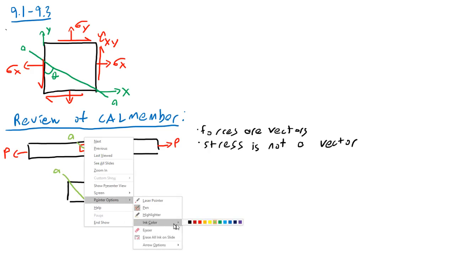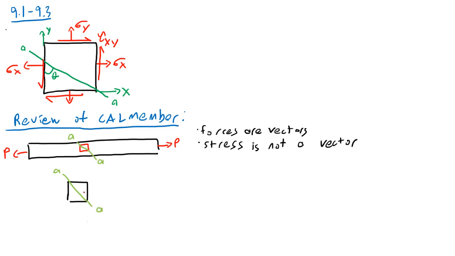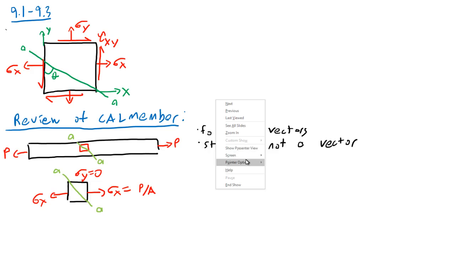In a CAL member, you're going to have at the cut plane here, as drawn, sigma x equals P over A, and sigma y would equal 0 at the default global x and y axes. However, if you look at a cut plane, this cut plane AA, you have a different shear and normal stress.